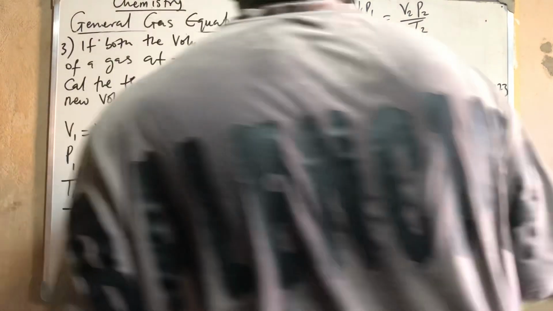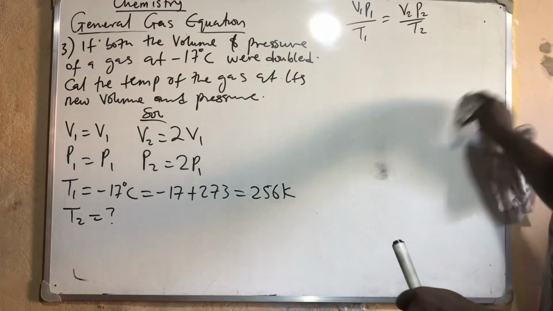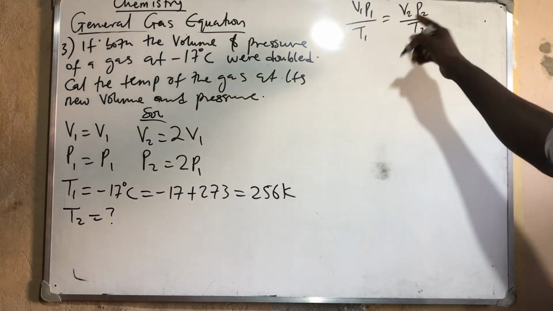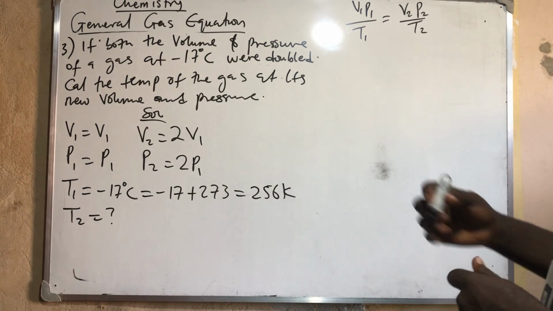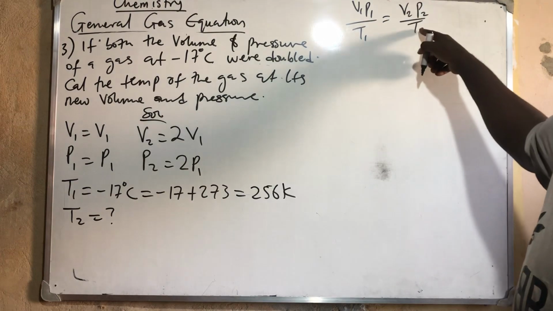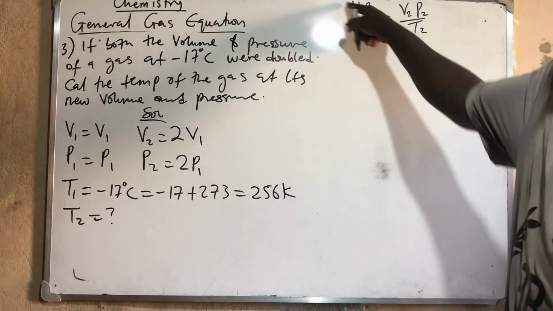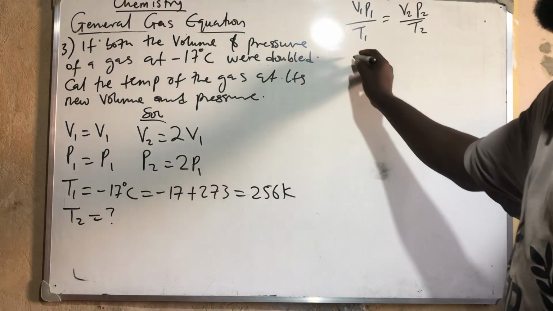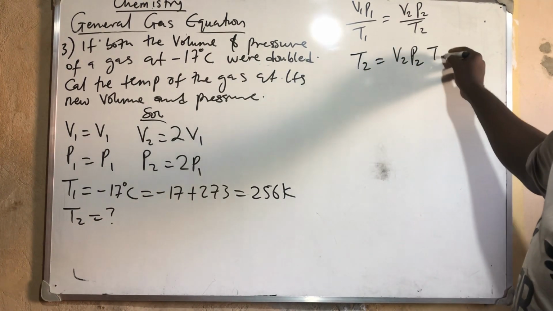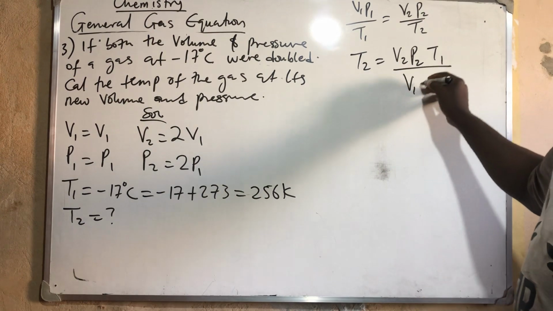For the new temperature, I know my formula says V1 P1 over T1 is equal to V2 P2 over T2. I want to make T2 the subject of the formula. So these two will come down. If you cross multiply and make this the subject of the formula, T2 will now be V2 P2 T1 all over V1 P1.